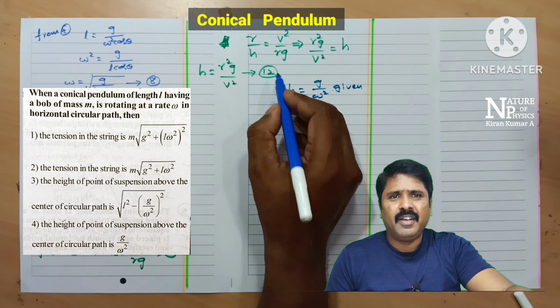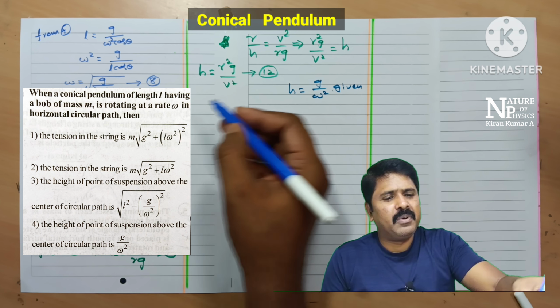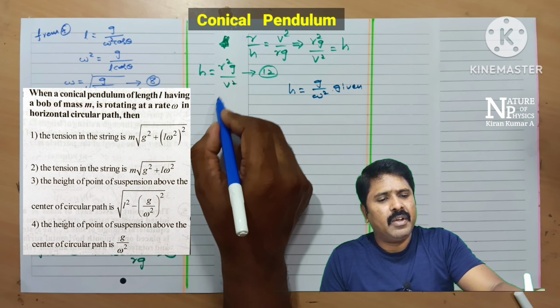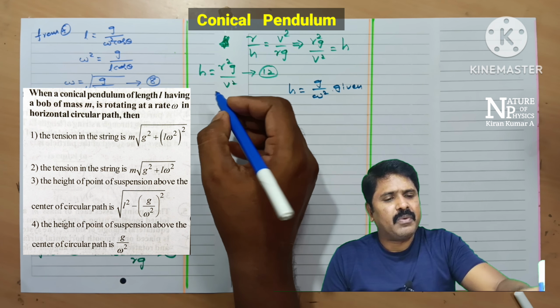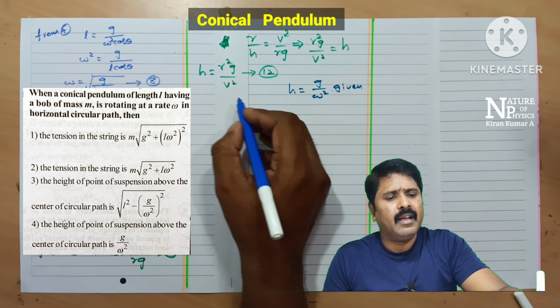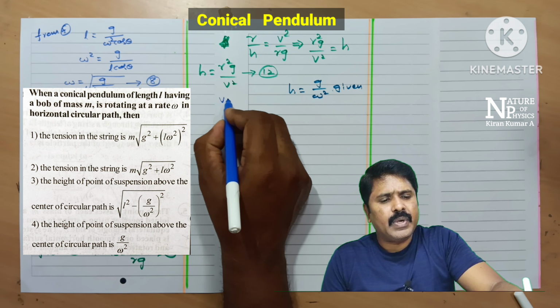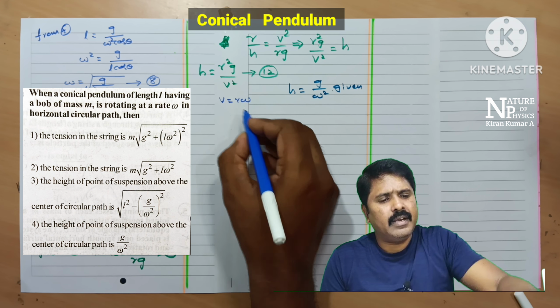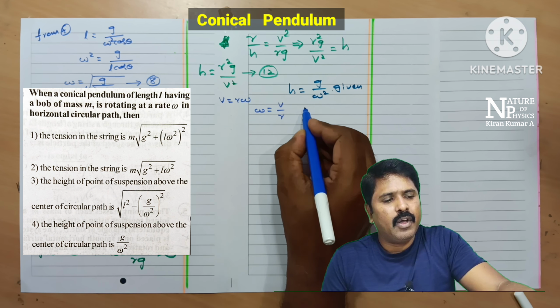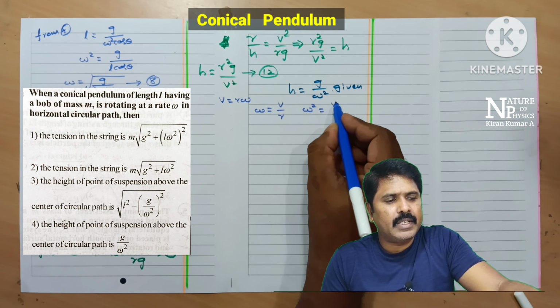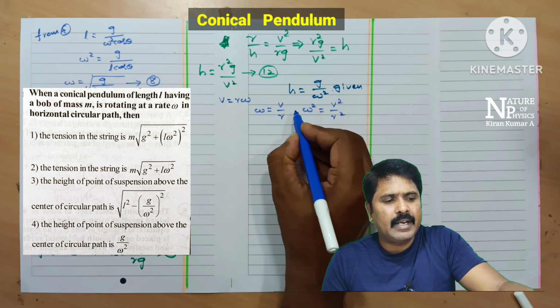See there, student, from equation 12 also we can do. So that is h equal to r square g divided by v square. From this we can consider v is equal to r omega, so that omega is equal to v divided by r, omega square is equal to v square by r square.